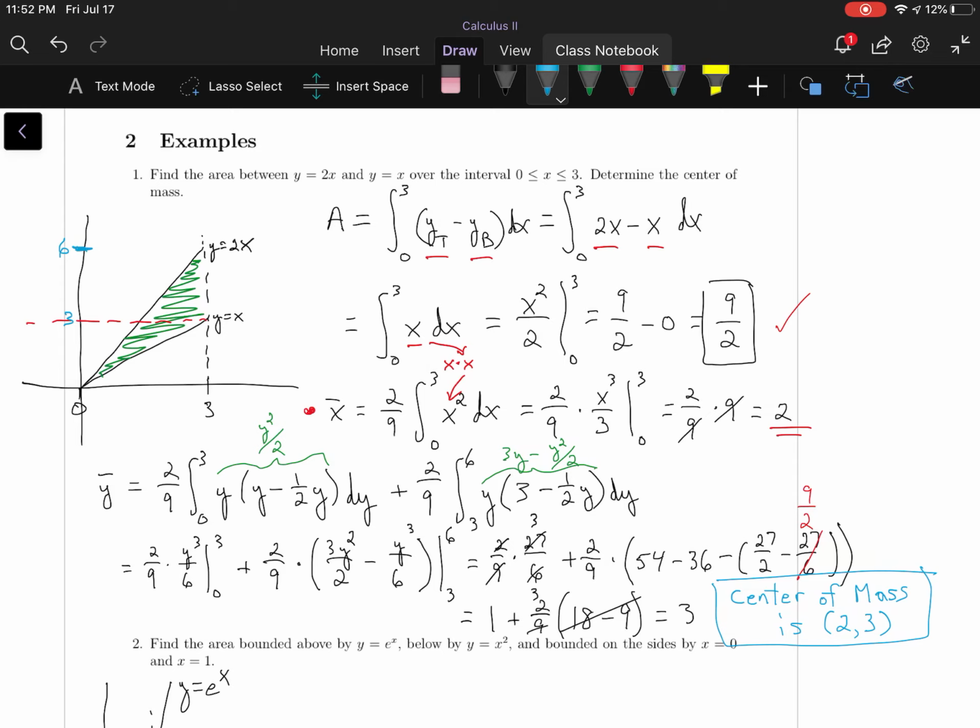So in the region below the dashed line, I have y times the rightmost function, which is x equals y, minus the leftmost function in that region, which is going to be x equals 1/2 y. So that was solving for x in the y equals 2x function. That simplifies to 1/2 y times y, which is y squared over 2.